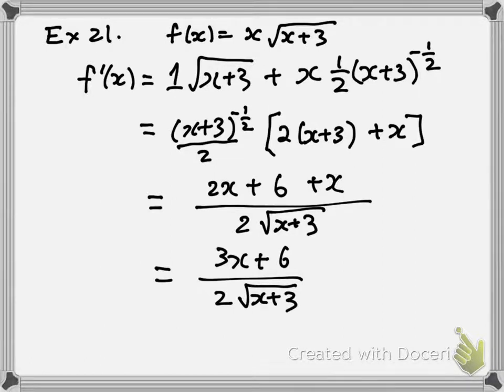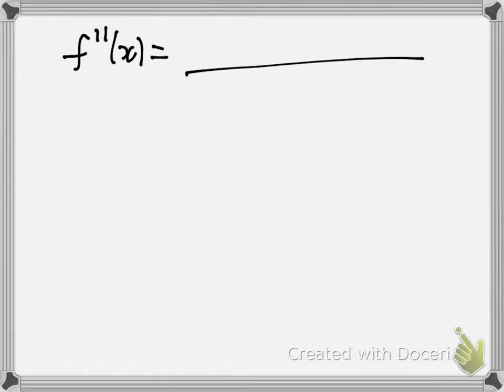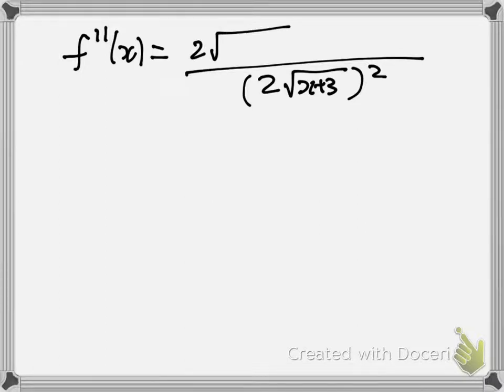So if we have to find the second derivative, we really need the quotient rule because there's nothing much we can do. So remembering what this is, low d high minus high d low, we will get low d high.